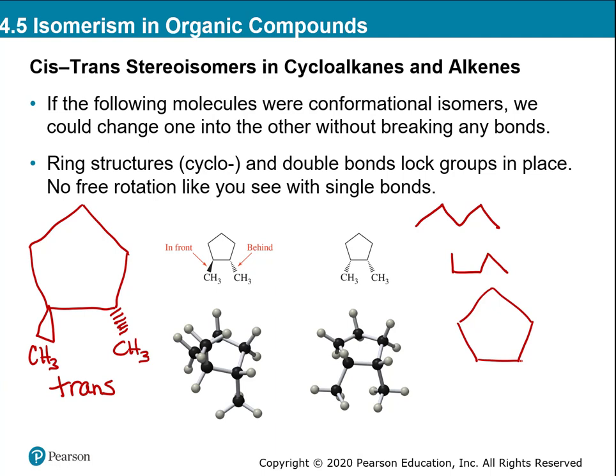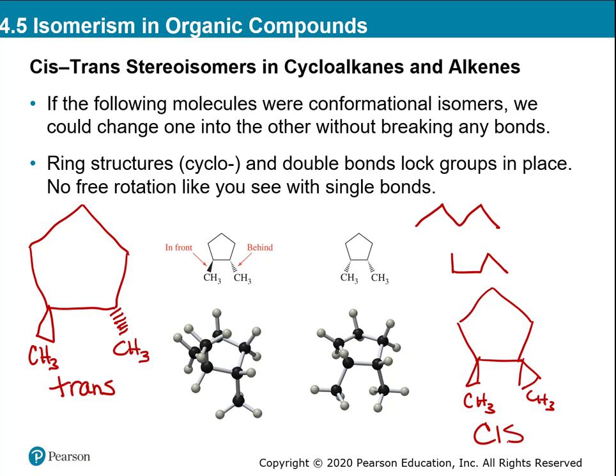So I could have it like this with the CH3, or like this. Oh, my wedge got a little out of control. But as long as they're the same, two wedges or two dashes just means that they're on the same side, and the term they use for this is cis.